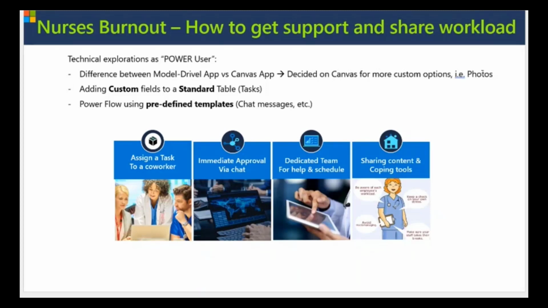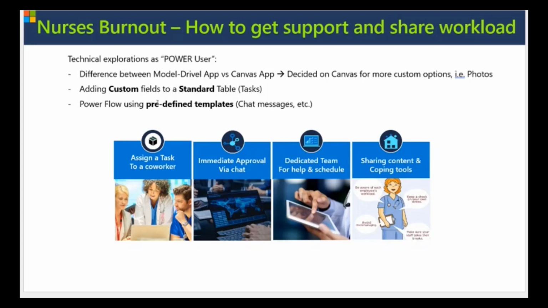One was the photo, for example. Next, we added some custom fields to a standard table, which is the task. And finally, we created the Power Automate flow for the approval that we will show you. We also used predefined templates to make our life easier.